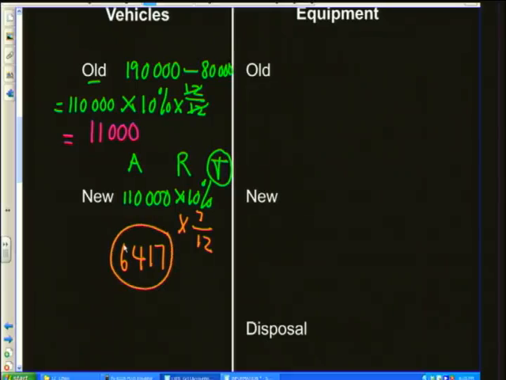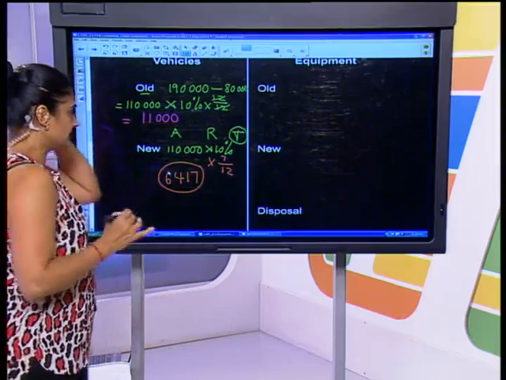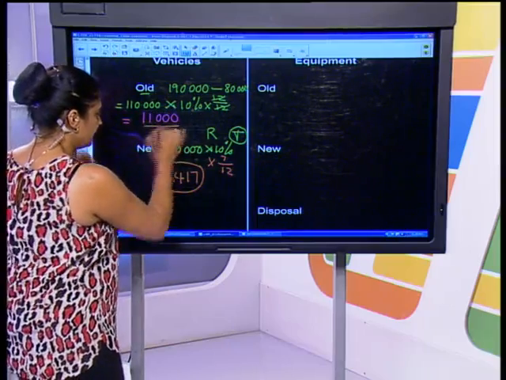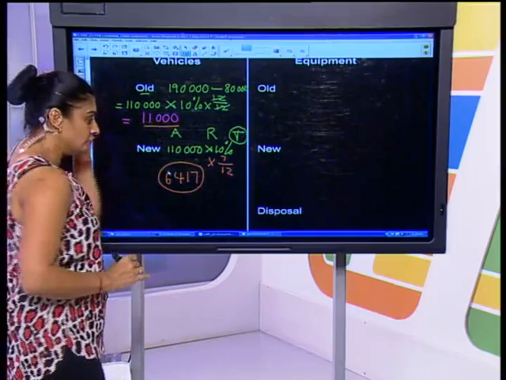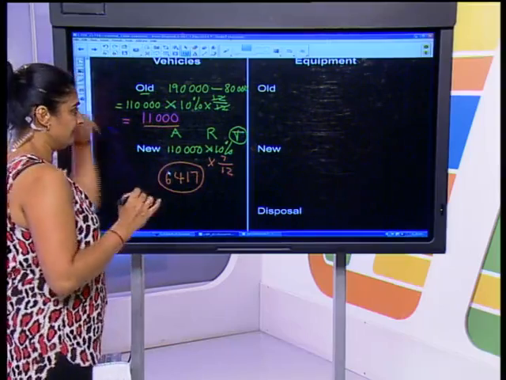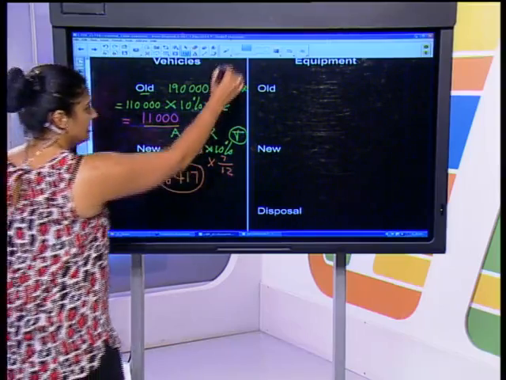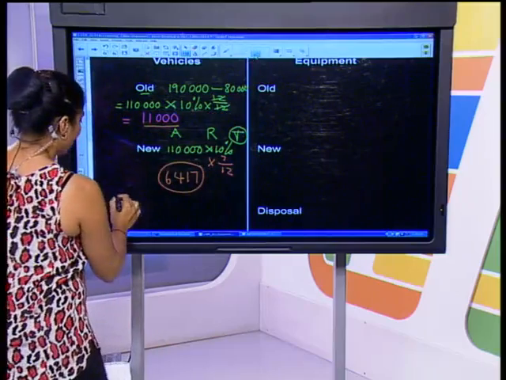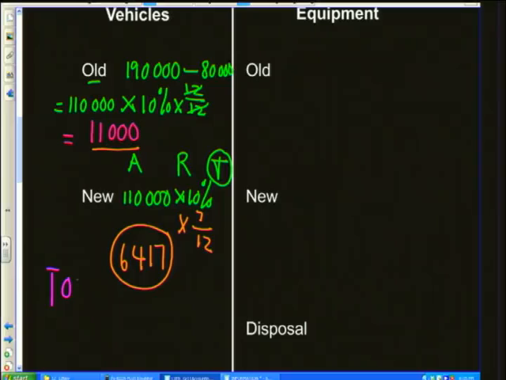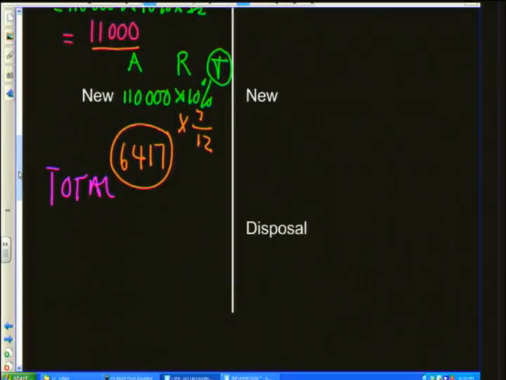Okay, right, so I've done my calculation. So I've got my old depreciation to write off. I've got my new depreciation to write off. The last part of this particular calculation is what then is my total depreciation. Okay, let's just bring this down a bit. So my total depreciation will simply be old plus new.